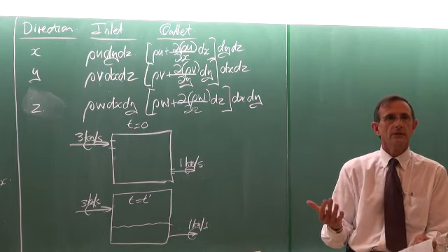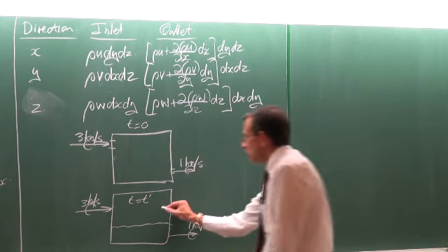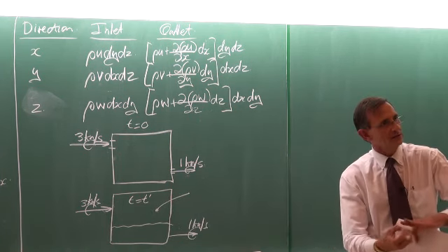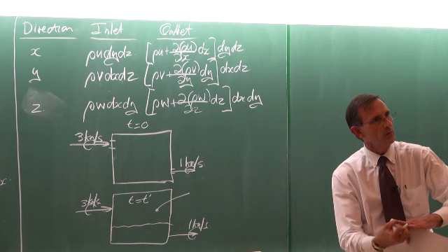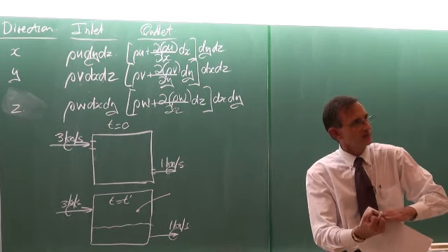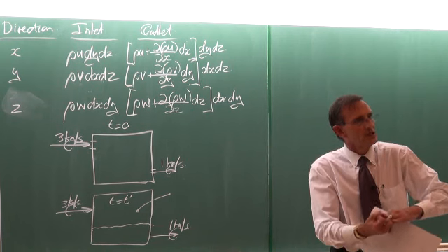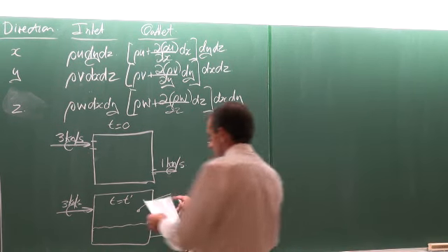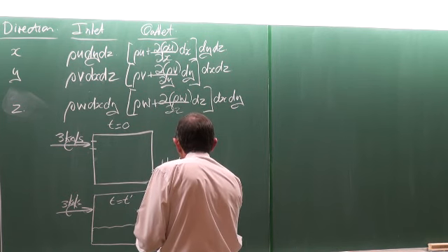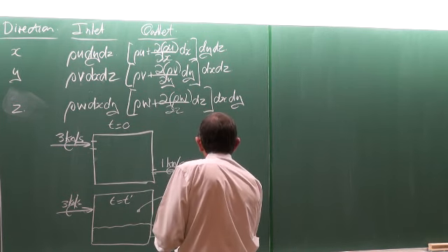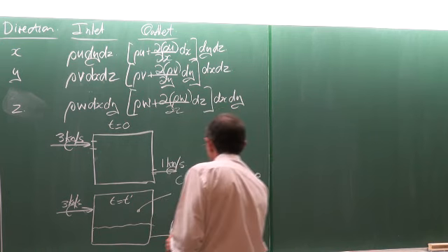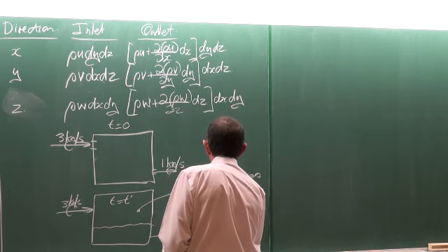You agree? And it will be stored at what rate? Every second, the mass of the control volume will become more by 2 kilograms. Every second, the mass will increase by 2 kilograms. So the mass increases at 2 kilograms per second.